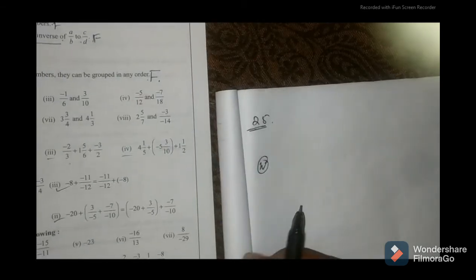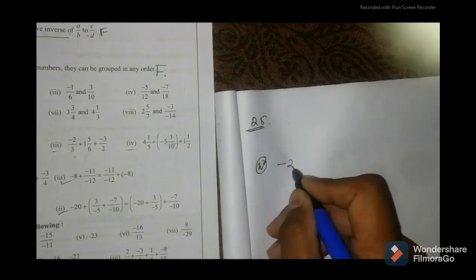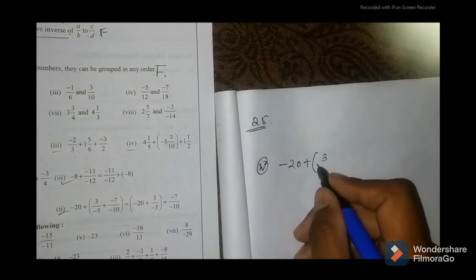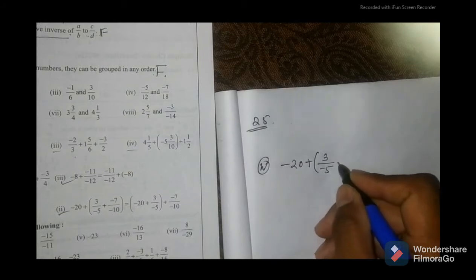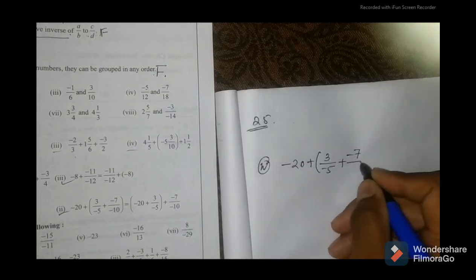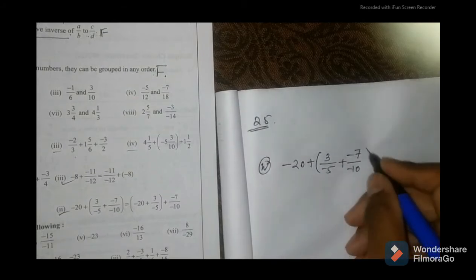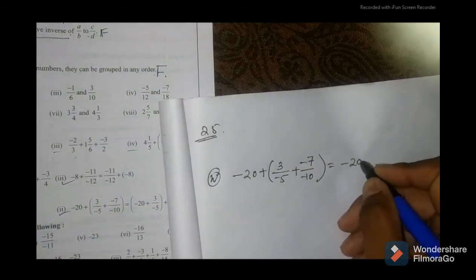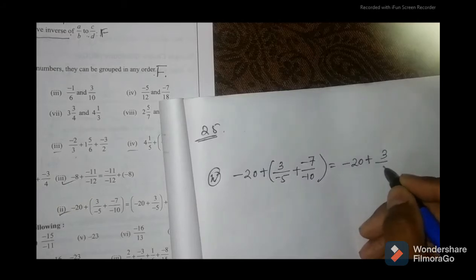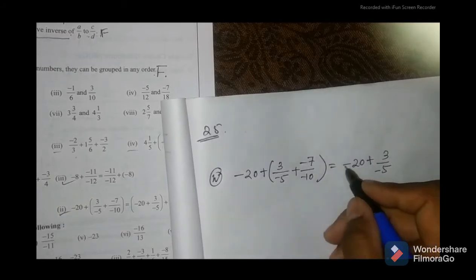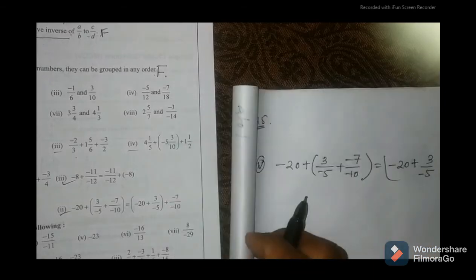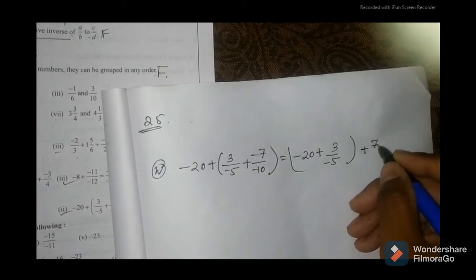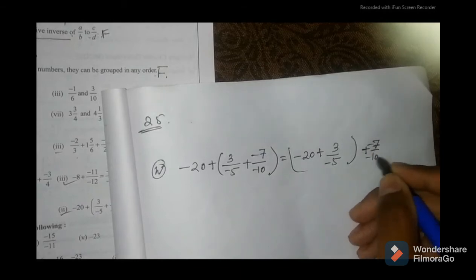The question number 2: minus 20 plus 3 by minus 5 plus minus 7 by minus 10 equal to minus 20 plus 3 by minus 5 plus 7 by 10.